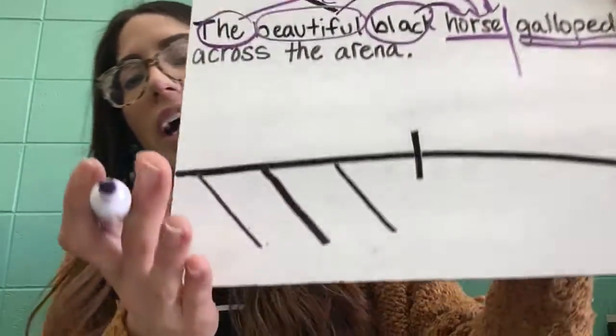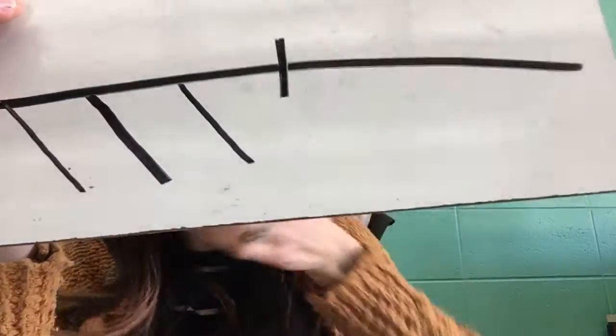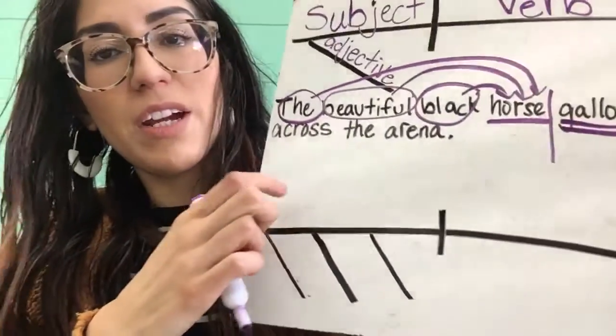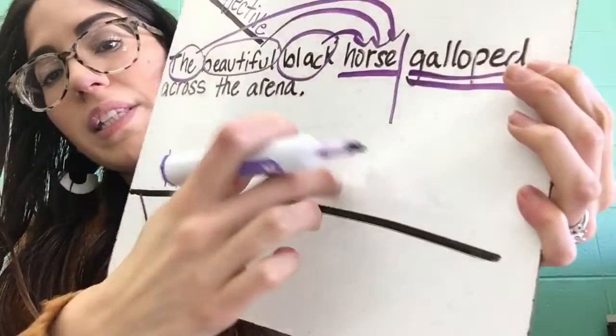Okay, now that we have that, I copied it down right here, and we're going to diagram this together. So, what's going to go on the left side here? Good, you're going to write horse, because that is our subject. Excellent job. Horse. And then what's going to go on the right side?